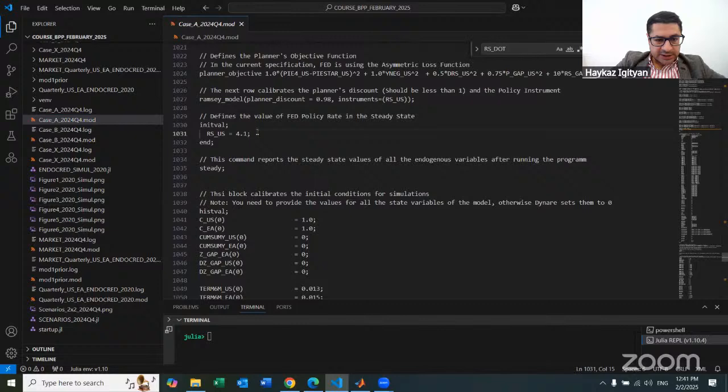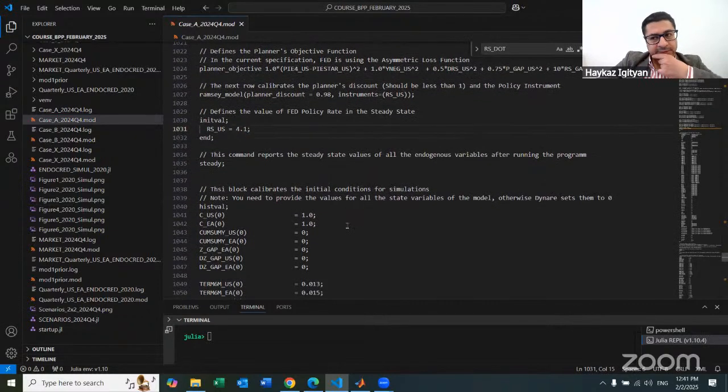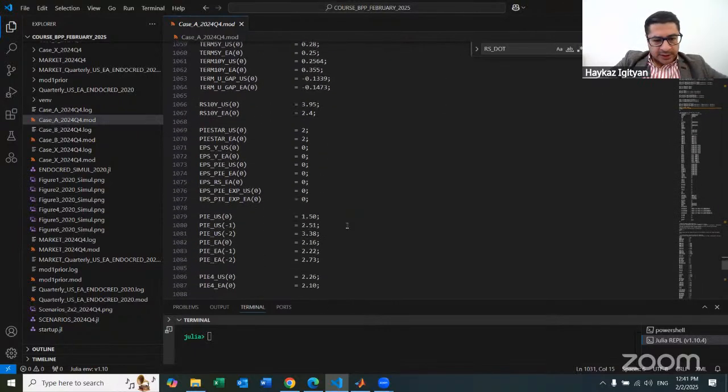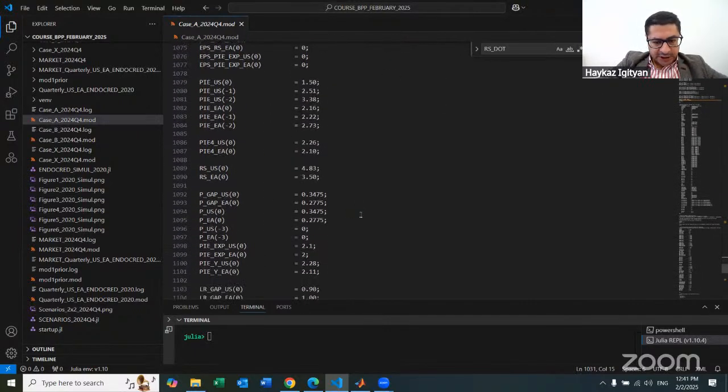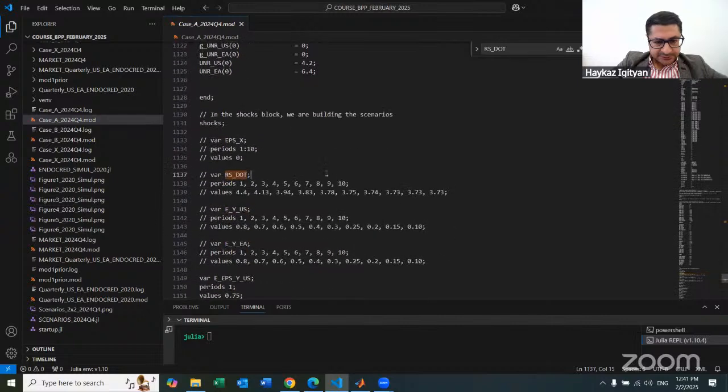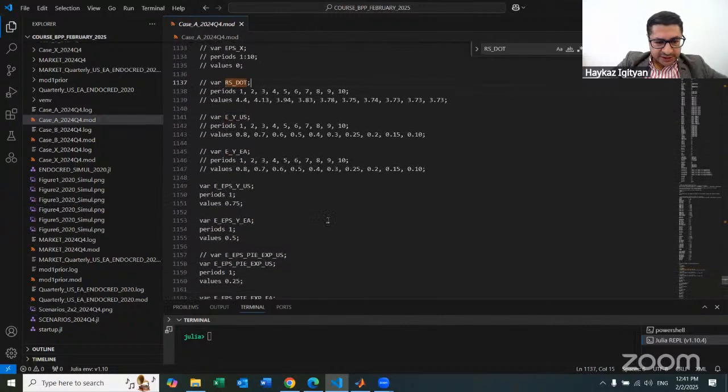Okay, initval is the initial condition 4.1. It's the Fed interest rate. Everything is the same.